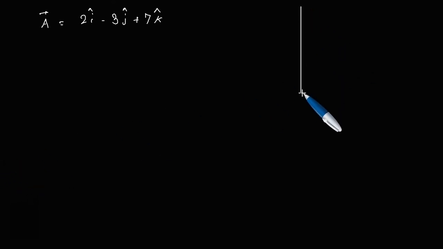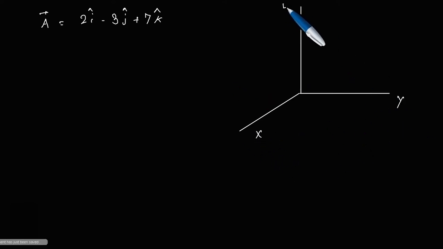Let us have given vector A equals 2i cap minus 3j cap plus 7k cap. I don't know what will be the value of it and what is ijk. So let's discuss it from the geometry viewpoint. I am drawing a coordinate axis. Why am I drawing these? Watch and understand.